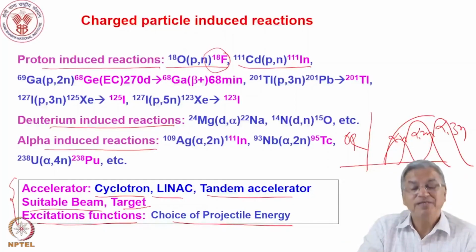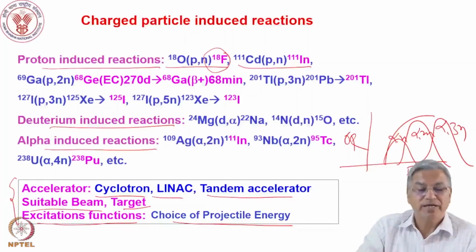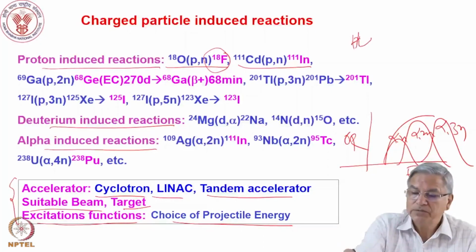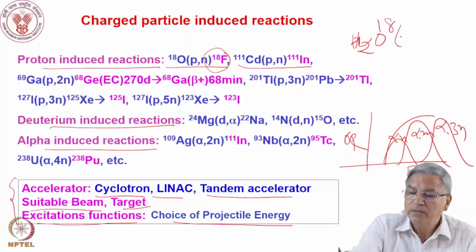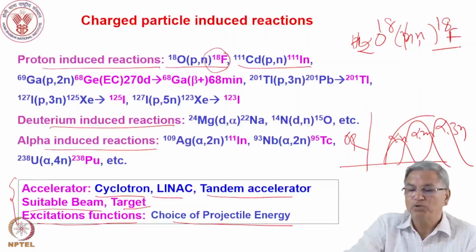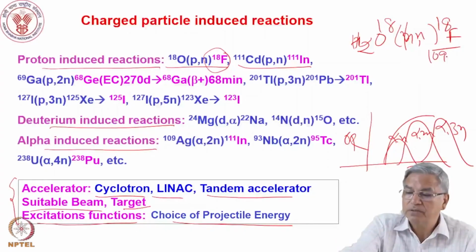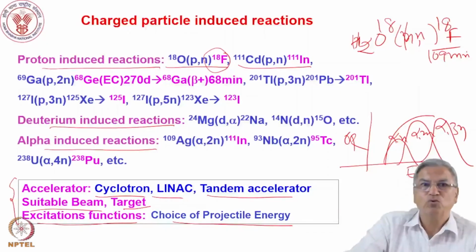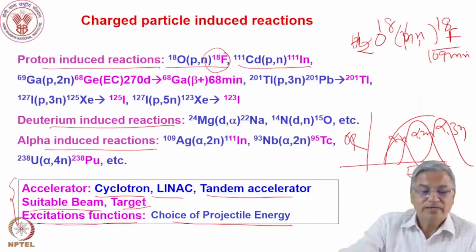F18 has only a 109-minute half-life, about 2 hours, so you irradiate H2O18, with a p,n reaction to 18F, and you have to do very quick chemistry because the half-life is only 109 minutes. You tag a glucose molecule, fluorodeoxyglucose, with the F18 tag, and then you can transport it to the hospital for PET operations.